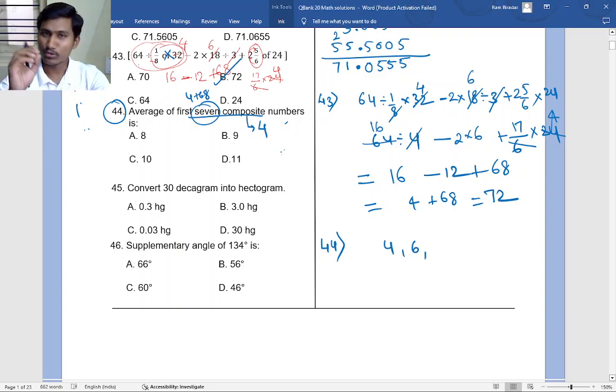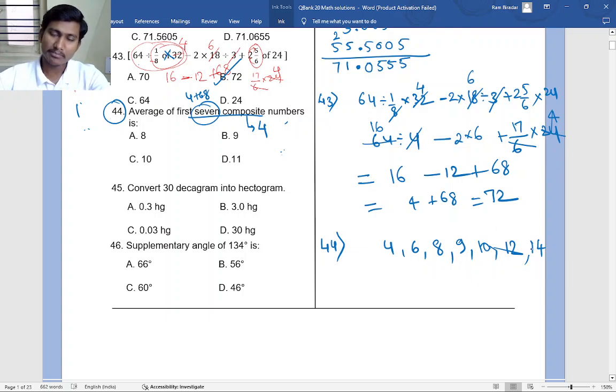So composite numbers are 4, 6, next is 8, and then after that is 9 and 10, then after that will be 12, so that is 10 and then 12, right? Okay, so next after that we need 7. So 1, 2, 3, 4, 5, 6 we got. So then next will be 14, right? So these are the first 7 composite numbers.